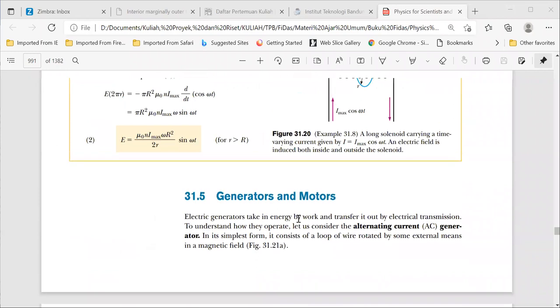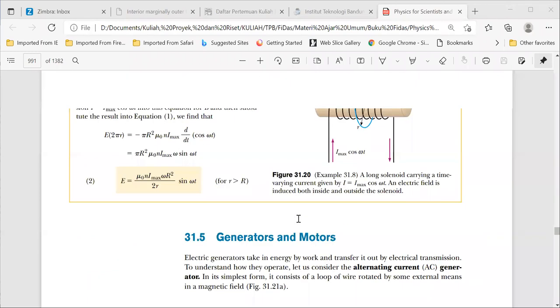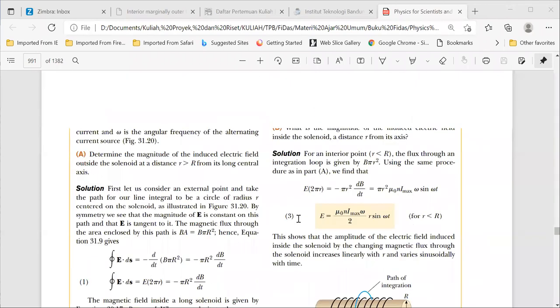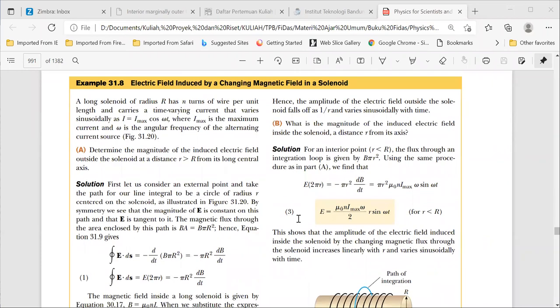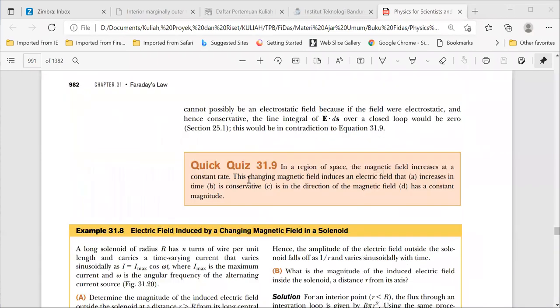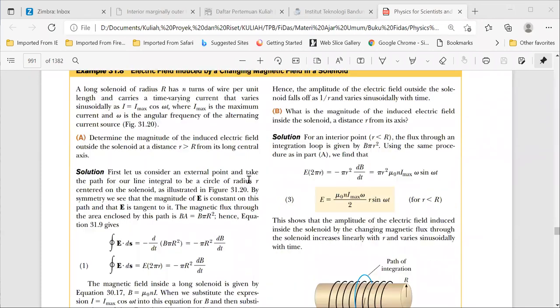So this is the application. Okay, let's discuss the Faraday-Lenz law of induction.